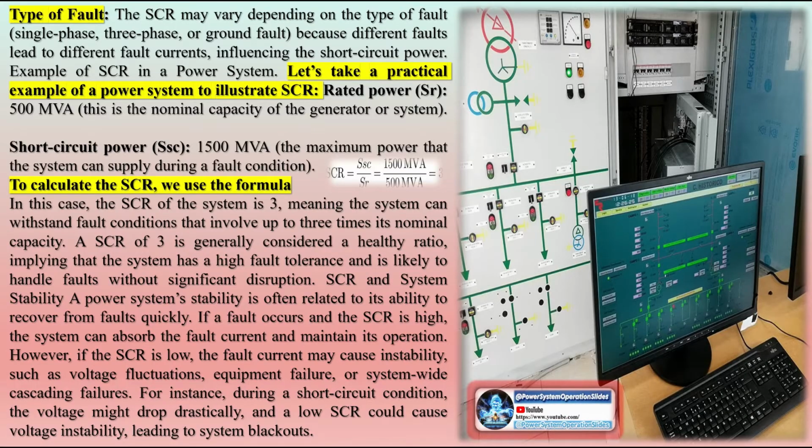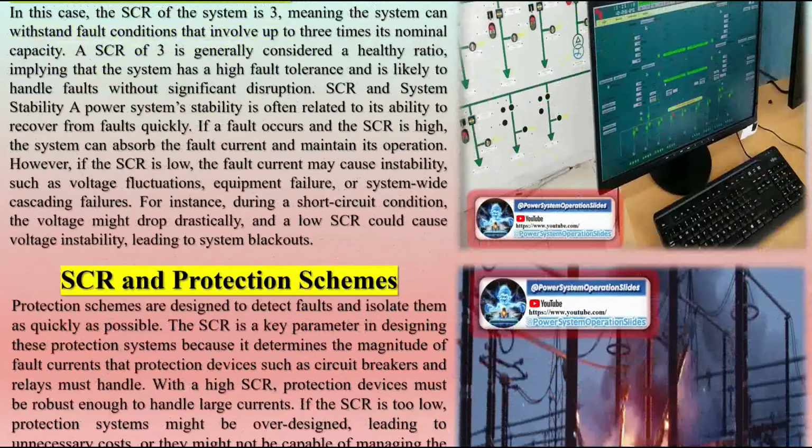A SCR of 3 is generally considered a healthy ratio, implying that the system has a high fault tolerance and is likely to handle faults without significant disruption. SCR and system stability. A power system's stability is often related to its ability to recover from faults quickly. If a fault occurs and the SCR is high, the system can absorb the fault current and maintain its operation.